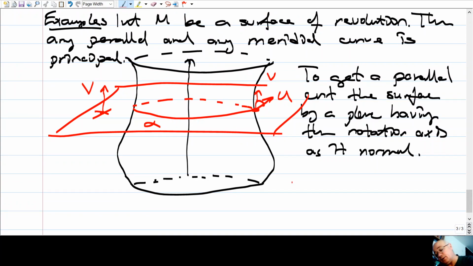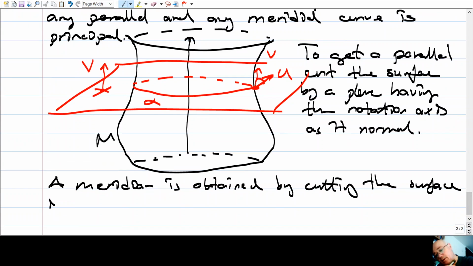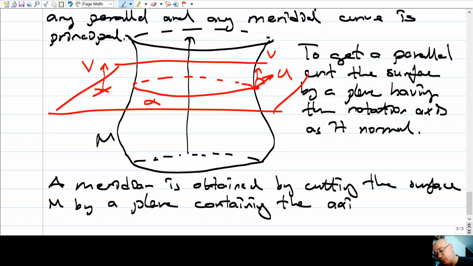What about a meridian? A meridian is obtained by cutting the surface of revolution M by a plane containing the axis of revolution.